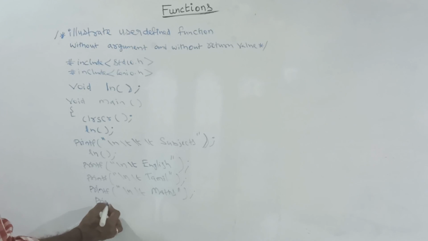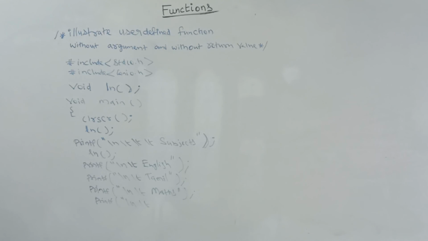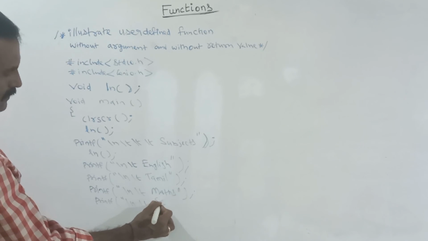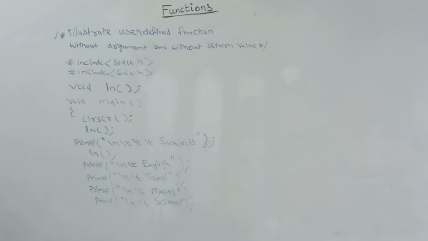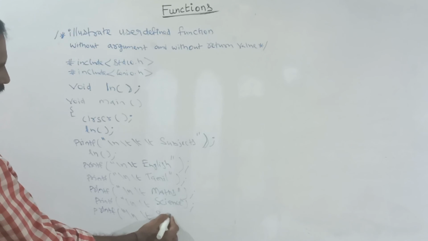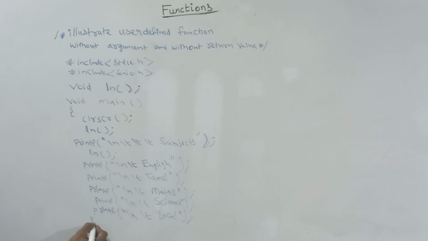Next printf slash n slash t Science. Next printf slash n slash t Social. Here again I am calling the function ln. I am closing the void main here. Up to this is the main part.